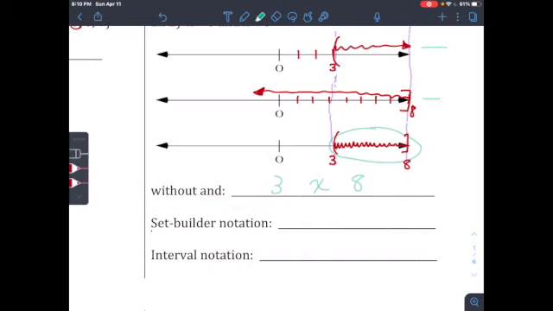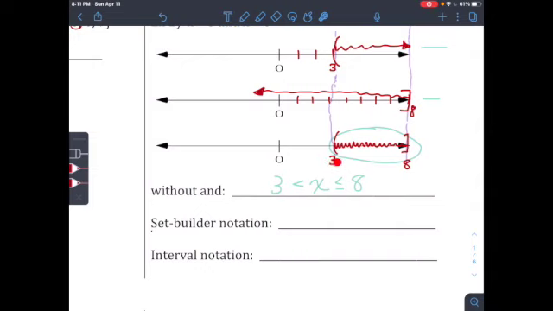Since 8 has a bracket, that means equal to. It's going to be less than or equal to, because it's 7, 6, 5, 4, 3. But x is going to be bigger than 3. So x is bigger than 3, and 8 is bigger than x.